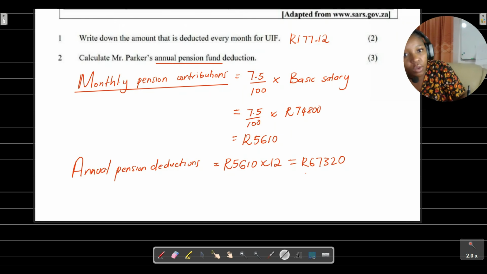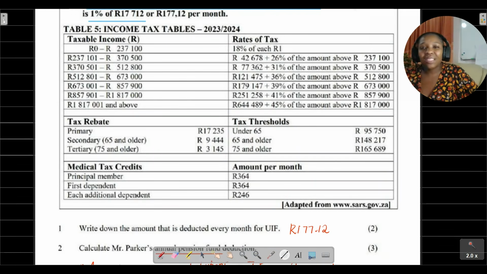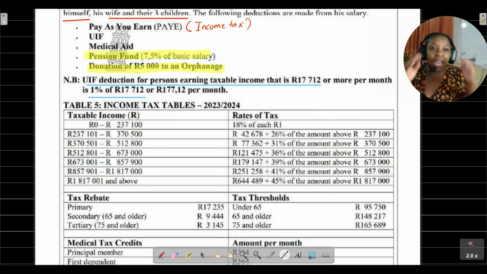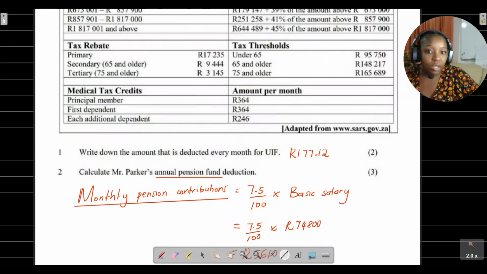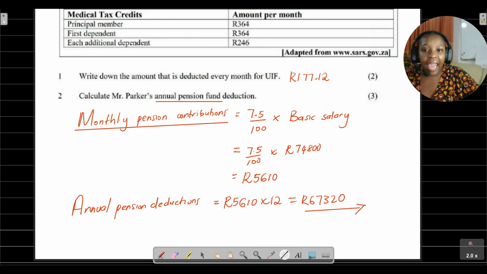Obviously, in some cases, when you're given a scenario like this, where there's a lot of things happening, they will actually break up these components for you, where you have to first calculate this on your own and this and this, then you just need to know how to put everything together. So that's basically the annual pension deductions for Mr. Parker.